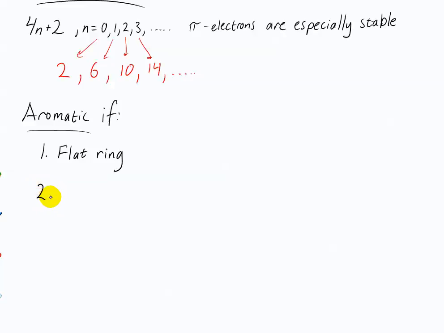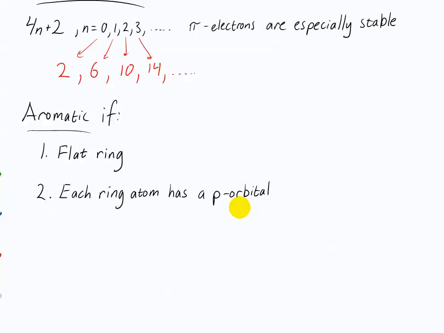So number 2, you need to have every atom in the ring has a p orbital, and they're all in conjugation with one another. So each ring atom, they don't have to be carbon, has a p orbital. And since it's flat, they have to all be in conjugation. So we don't really have to write that.